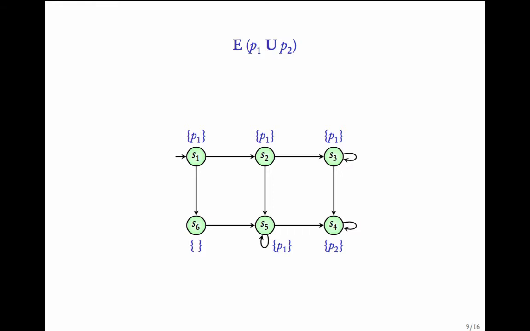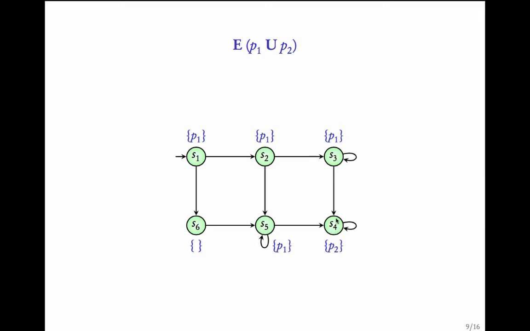We want to check which states in this transition system satisfy E of P1 until P2. First step, look at all states here which satisfy P2. S4 satisfies P2.